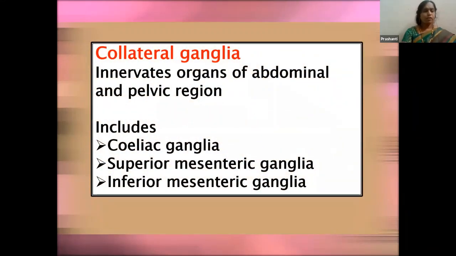And here when you see the collateral ganglia, the preganglionic neurons arising immediately from the spinal cord, the cell bodies from T1 to T12 and lumbar L1 and L2, they leave via the spinal nerve. So they enter the ganglia of the sympathetic trunk, and they end at the same level.